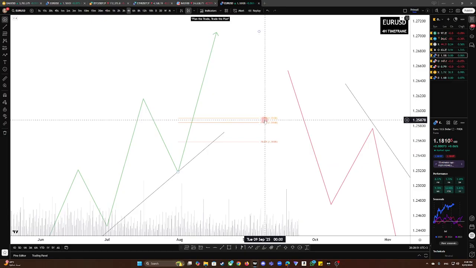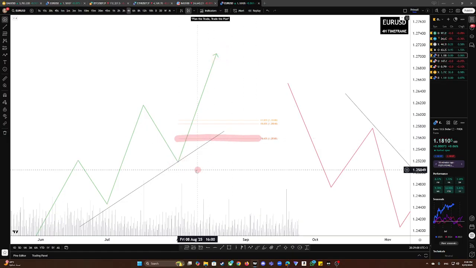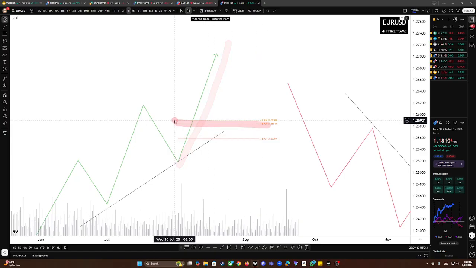The 61.8 is the 61.8%, 65% and the 78.6%. So basically they are measuring the distance between this low and this high, and they are telling me where the 78% is of this leg, and they are telling me where the 65% is and where the 61.8 is.